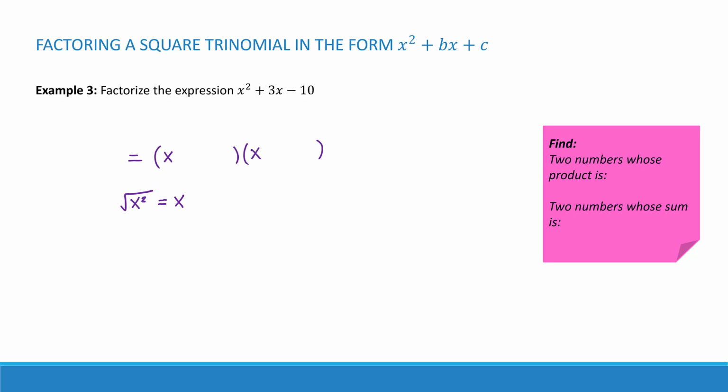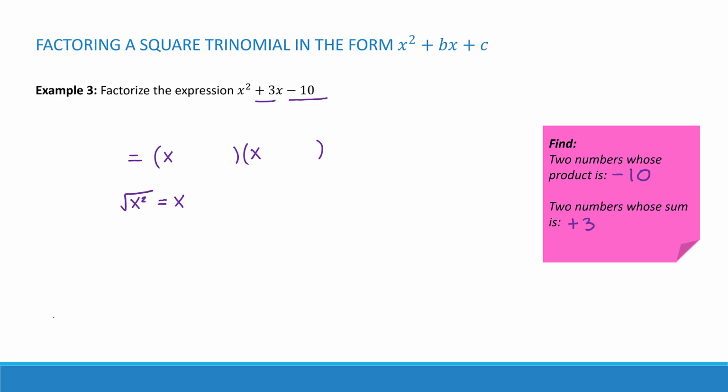Now we need to find two numbers whose product is minus 10 and whose sum is positive 3. So first, let's look for the numbers that give us minus 10 when we multiply them. We know that 2 times 5 is 10, but since we need negative 10, that means that one of the numbers has to be positive and the other one is going to be negative.